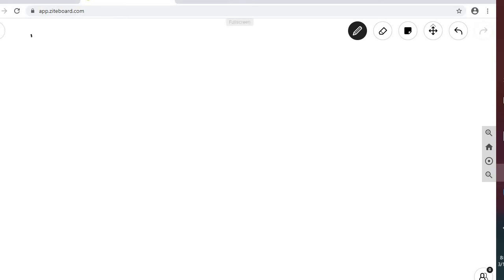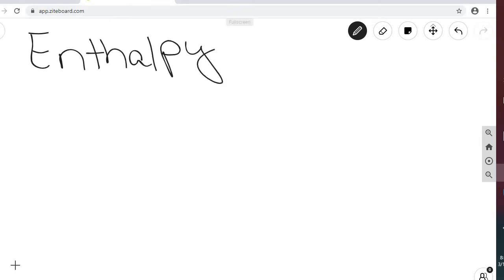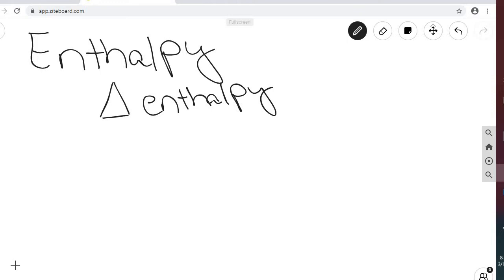So one of the big concepts in chapter 14 is called enthalpy. We can't really talk about enthalpy in a chemical reaction as enthalpy. What we talk about instead is the change in enthalpy, the change that happens within a chemical reaction.